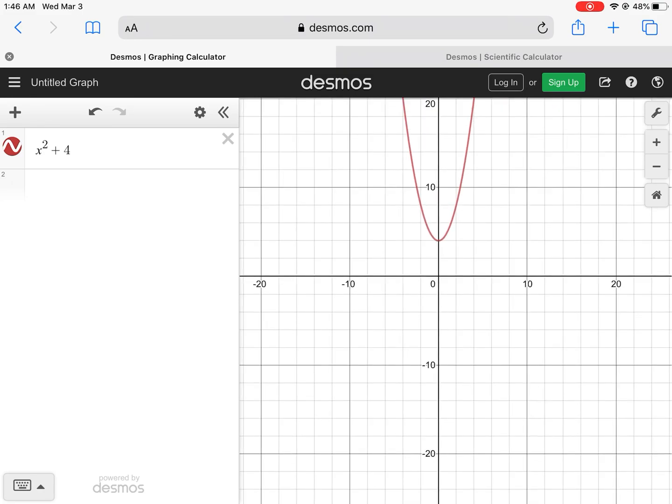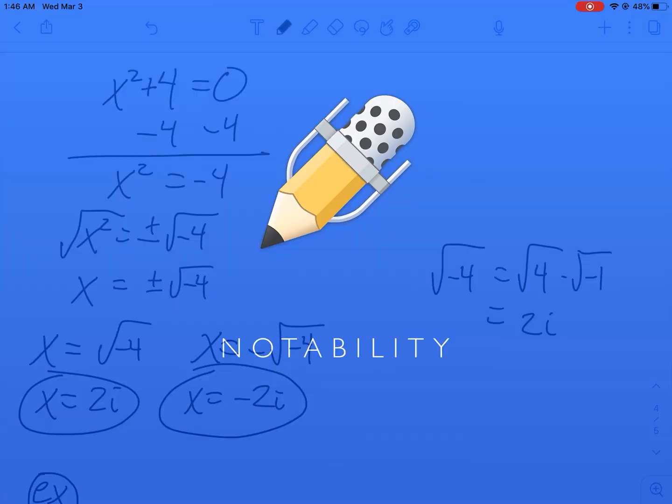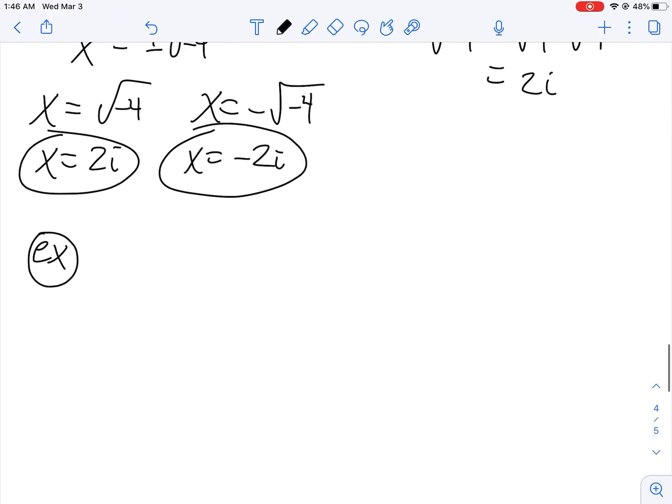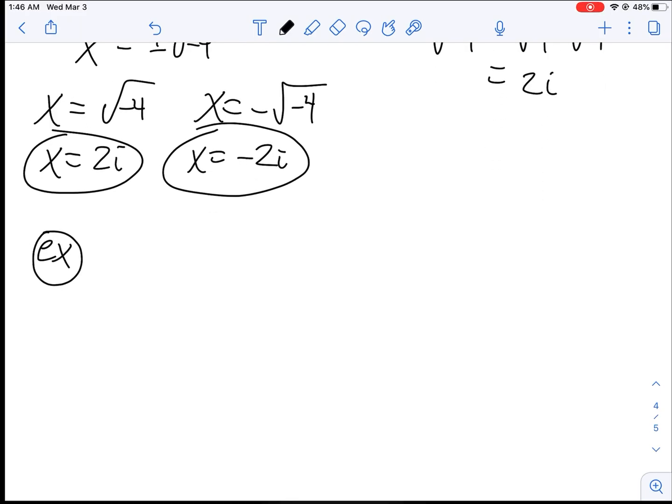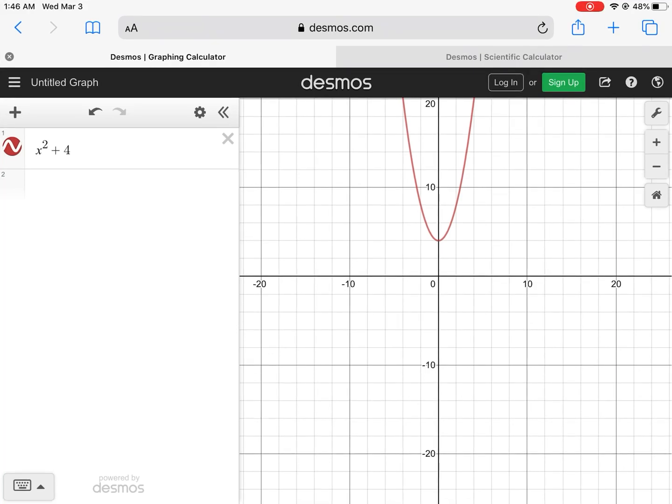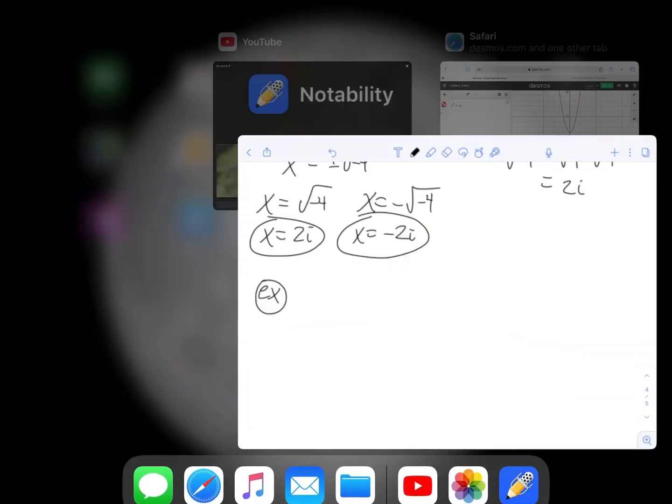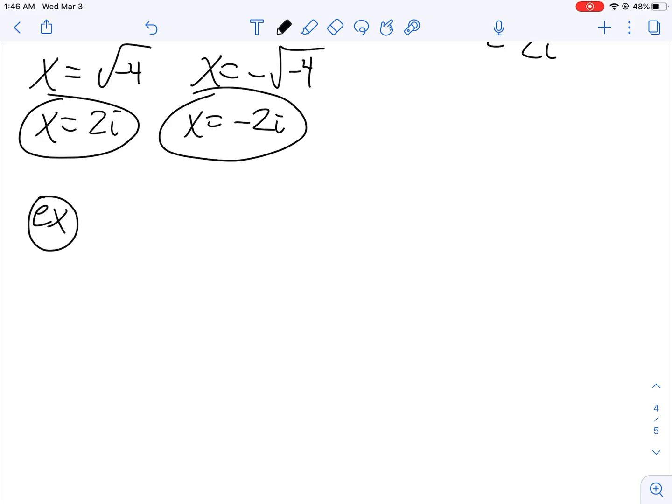So the reason why we have imaginary solutions is because our graph does not go through the x-axis. Normally our solutions are the x-intercepts, but we don't have any x-intercepts. That means that they're imaginary. They're not really there. They're in a completely different dimension than what we're seeing. So whenever we have imaginary solutions, we should be able to graph it and see, hey, this is not going through the x-intercepts. If we graph it and we see it does go through the x-intercepts, we're doing something wrong. We're either graphing it wrong or we're solving it wrong.